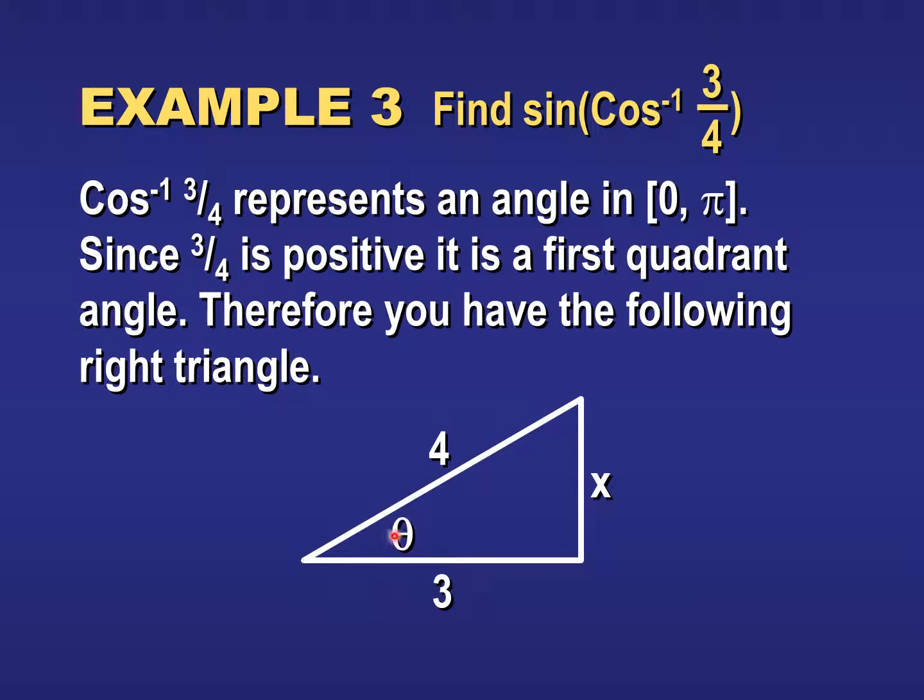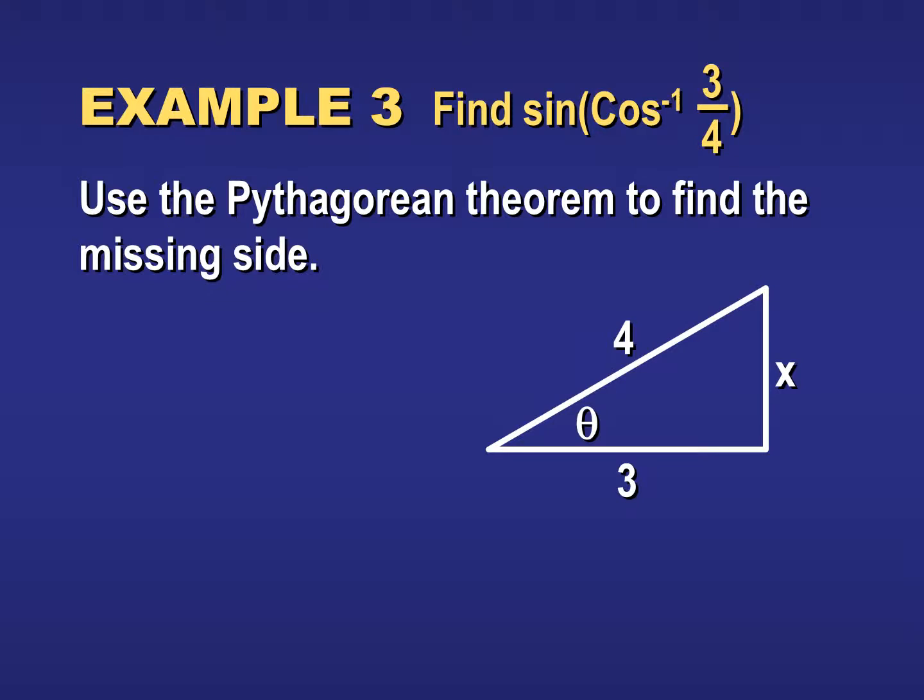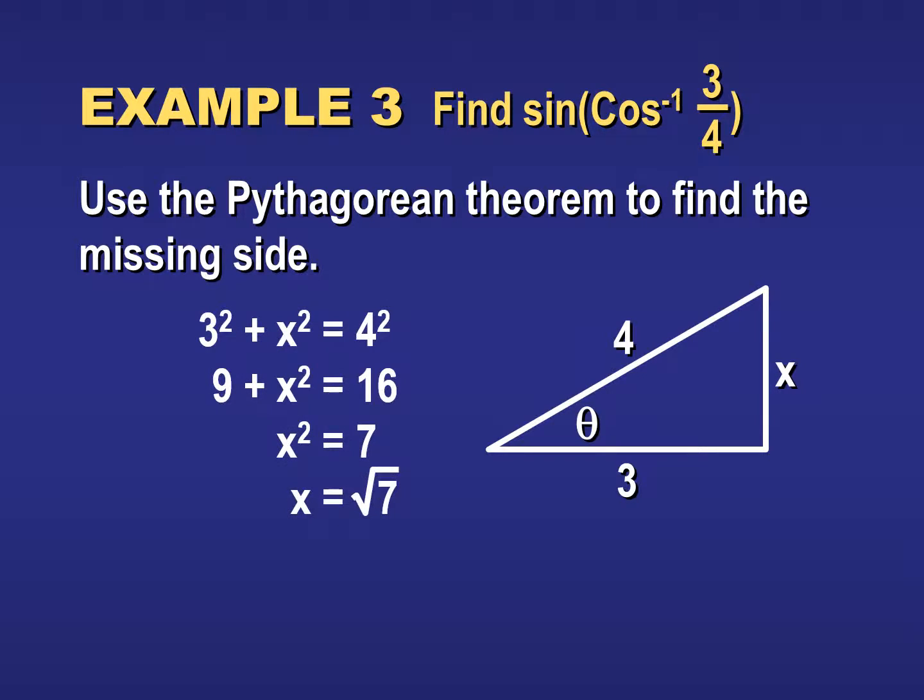So sine is opposite over hypotenuse. They didn't give us the opposite, but since we built the right triangle, now we can use the Pythagorean theorem to solve for x, and we end up with the square root of 7. So we want to find the sine, opposite over hypotenuse. That means we have the square root of 7 over 4.